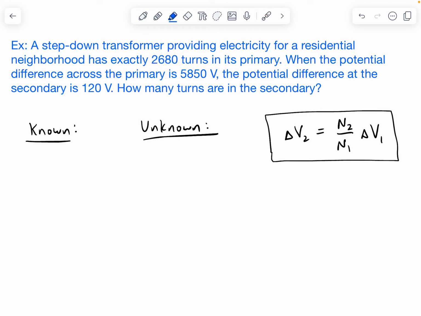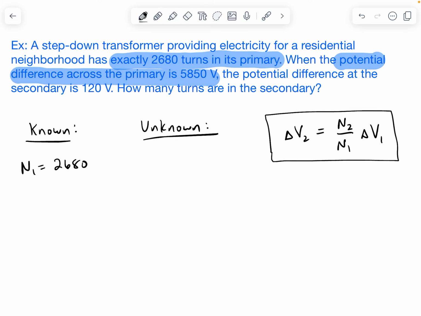So with that being said, let's go ahead and start listing those knowns and unknowns from the problem. We have exactly 2,680 turns in the primary, so that's going to be N1. We have a potential difference across the primary, 5,850, so that's going to be our V1.